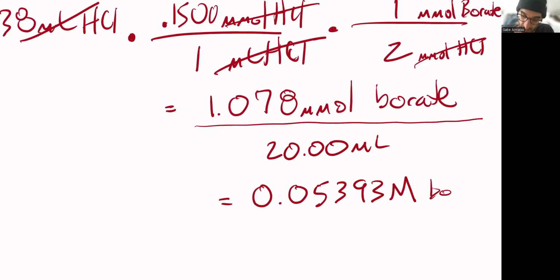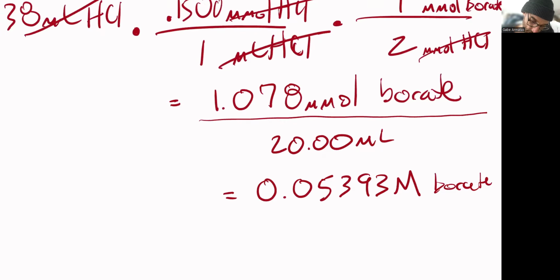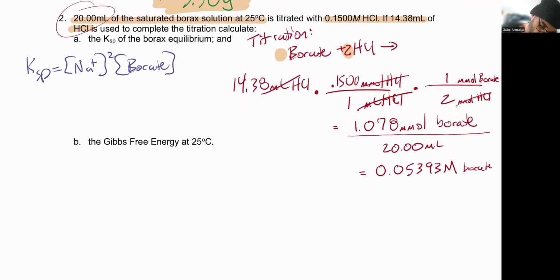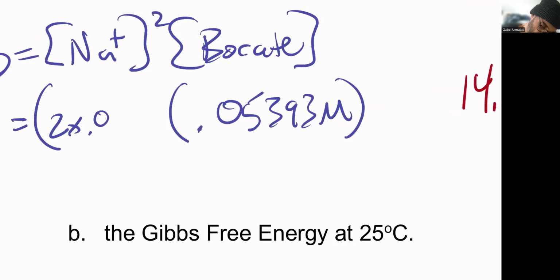So we have the concentration of borate. Fantastic. So now we can just plug this value in, 0.05393 molar. But remember, the concentration of the sodium is actually twice that, so 2 times 0.05393 molar, squared.